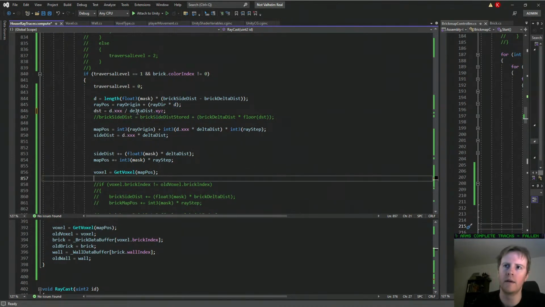And what you get then is how many steps each direction has traveled.